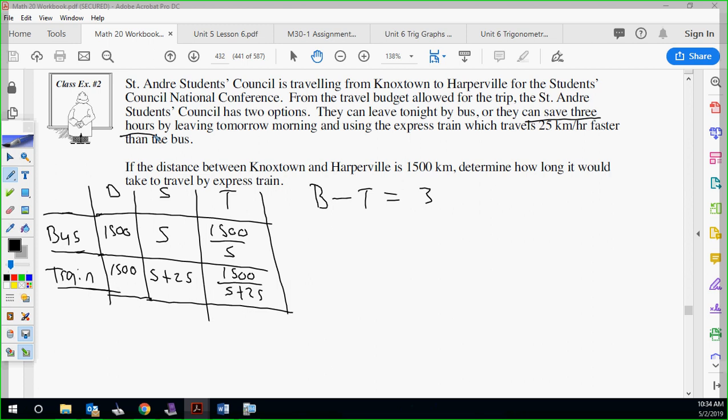All right, so let's set it up. These are the times, right? We're talking about time. So it's going to be bus, 1,500 over S, minus 1,500 over S plus 25, is 3. So we're going to have a quadratic on this one. That's okay. So we multiply everything by S times S plus 25, all of them.